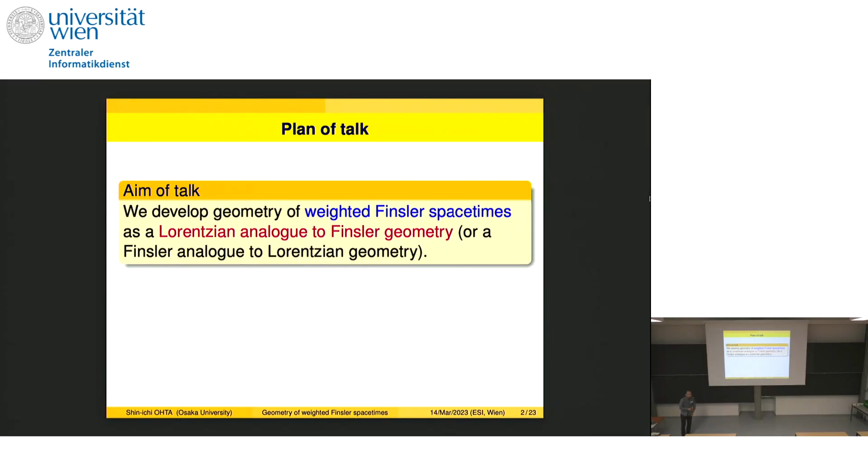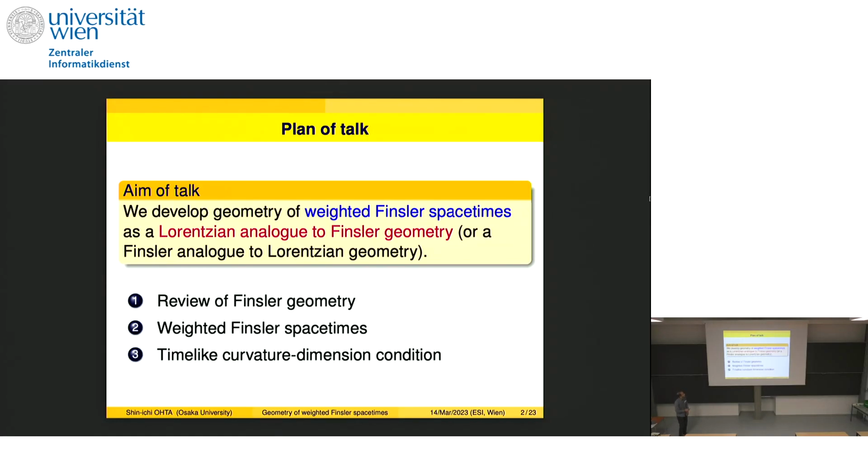Recently, the Ricci curvature business is very active in the Lorentzian case, so it's natural to expect some Lorentzian analog to this Finsler geometry. For some other people in this room, it can also be considered as a Finsler analog to Lorentzian geometry, but to me, it's really the first viewpoint.